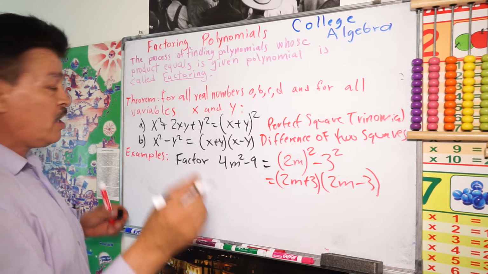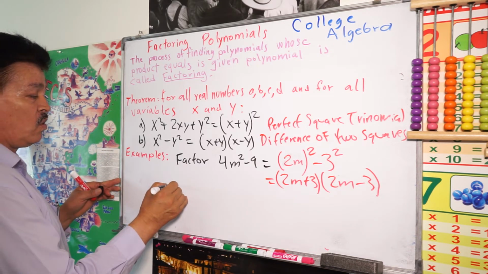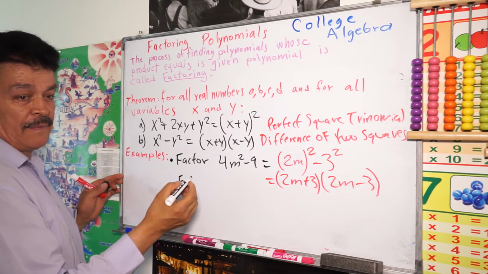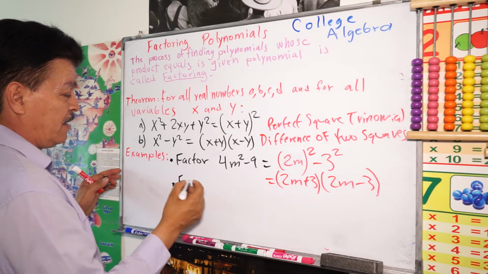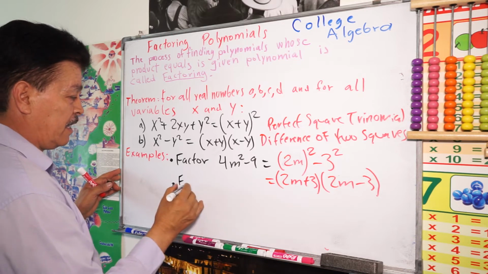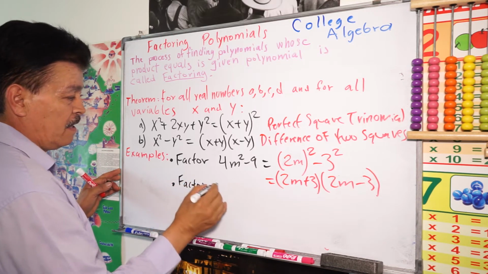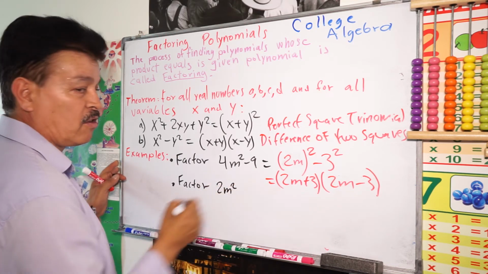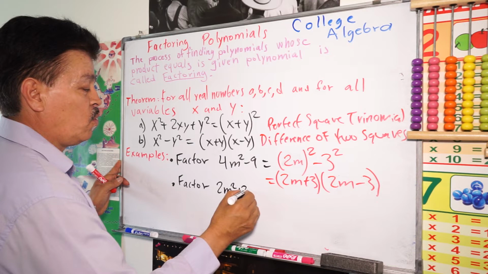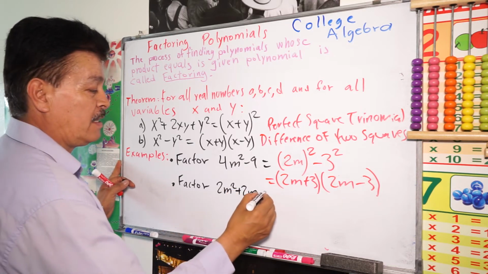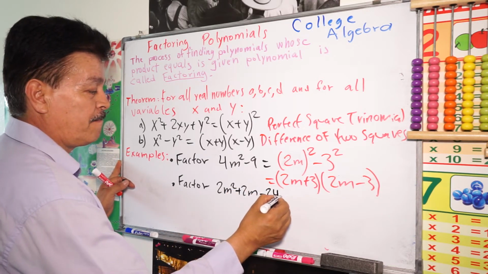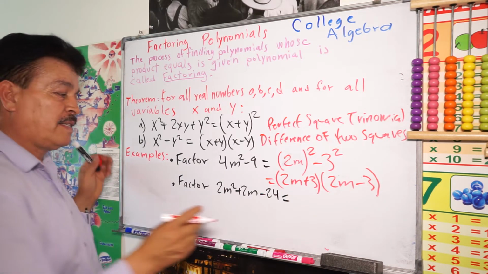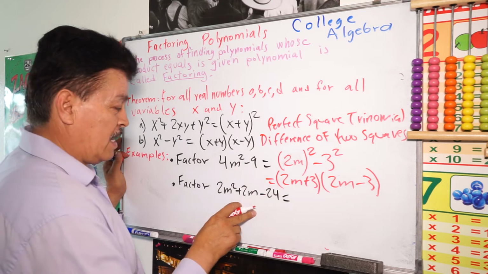Let's try another problem with different numbers. Factor 2m to the second power plus 2m minus 24. Let's see how to solve this problem. Very simple, very easy, no?